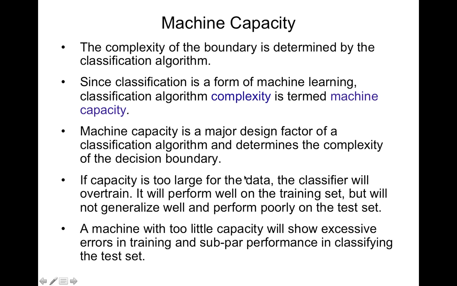If the capacity is too large for the data set, the classifier will overtrain. It'll perform well on the training set, but it doesn't generalize well and it performs poorly on the test set. If it has too little capacity, it will show excessive errors in training and have a rather subpar performance in classifying the test set. So these are the engineering trade-offs that occur with regard to machine capacity.